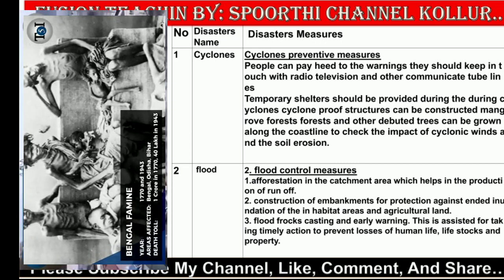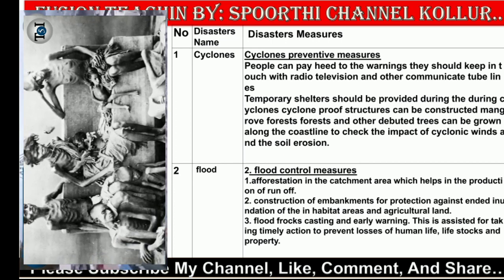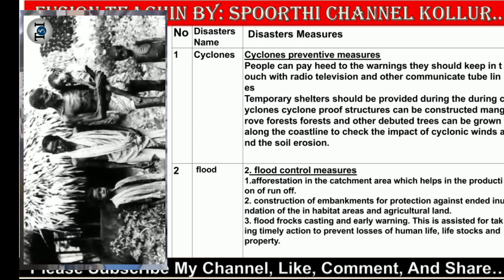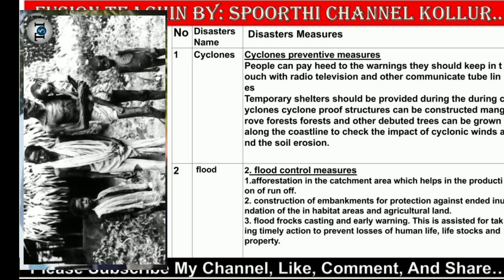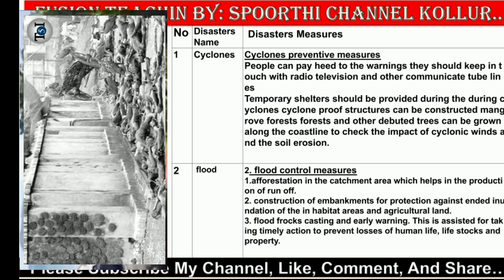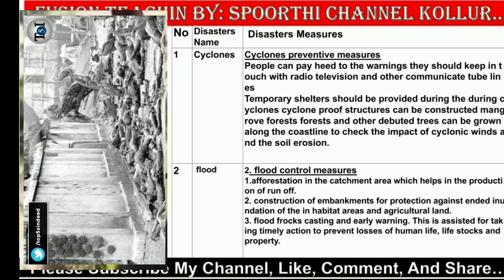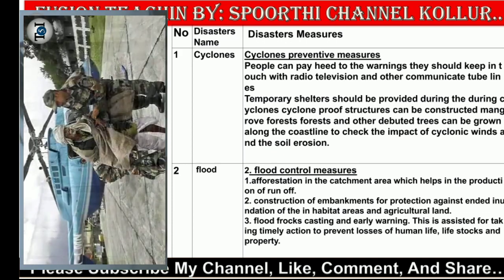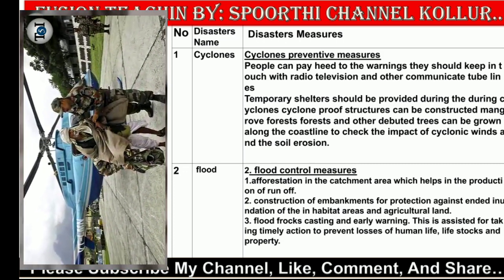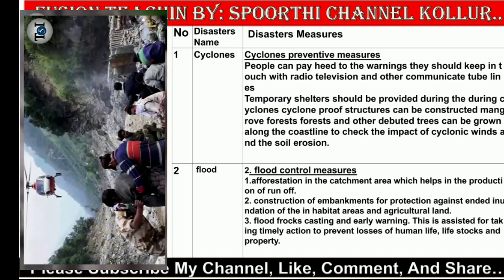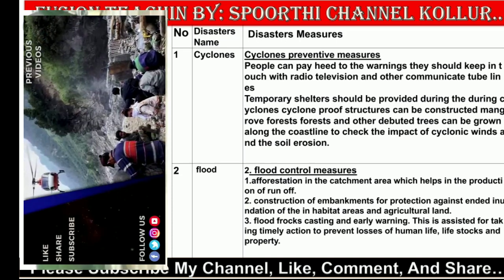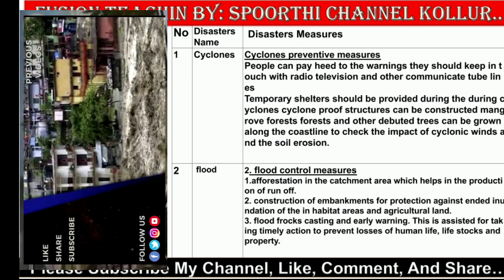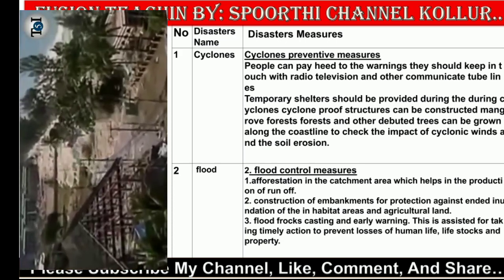Number 2, floods. Flood control measures. One, afforestation in the catchment area, which helps in the protection against runoff. Two, construction of embankments for protection against inundation of inhabited areas and agricultural land.